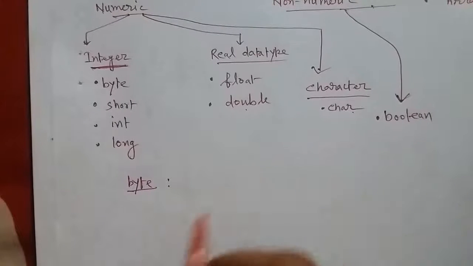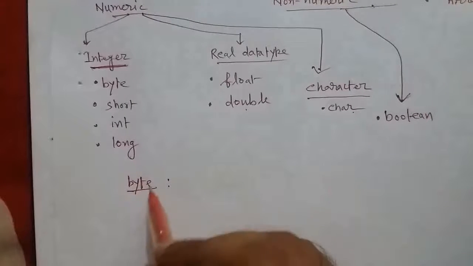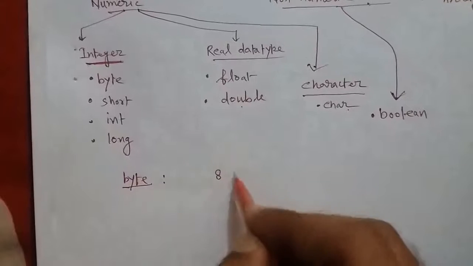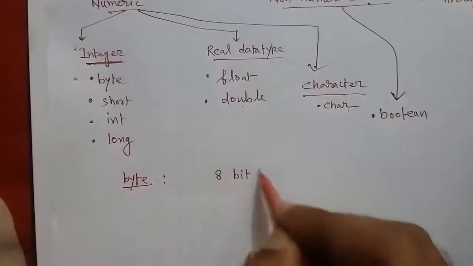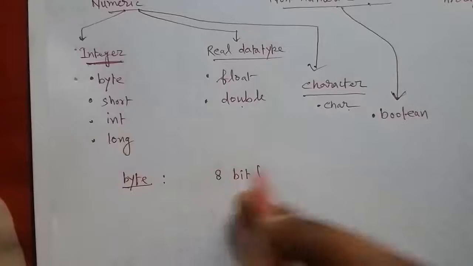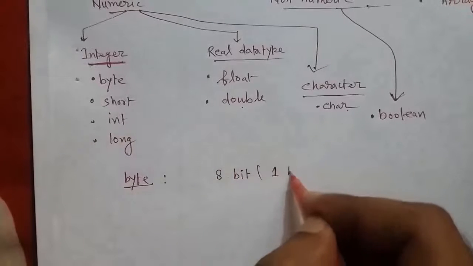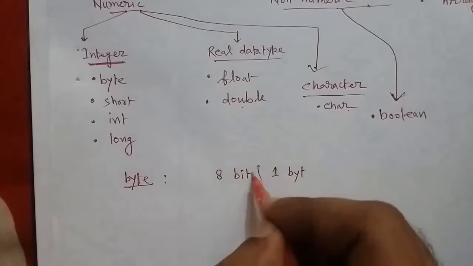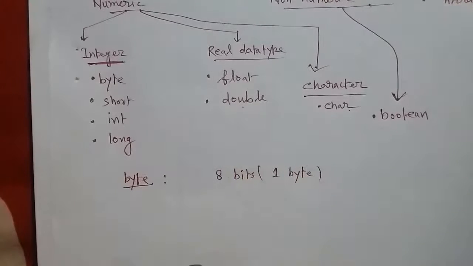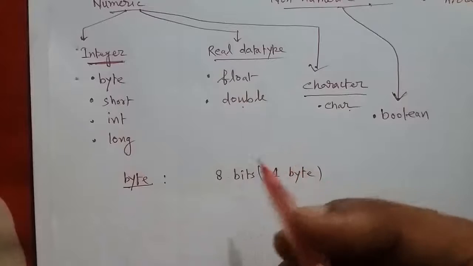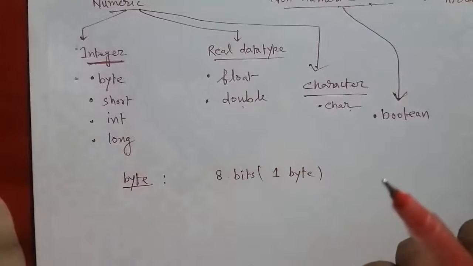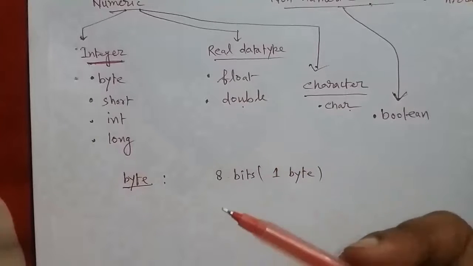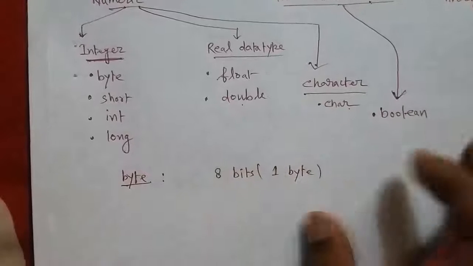Byte is an integer data type and memory space is 8-bit. Remember, memory space 8-bit, that means 1 byte, because 8 bits means 1 byte. And what is the range of this byte data type?